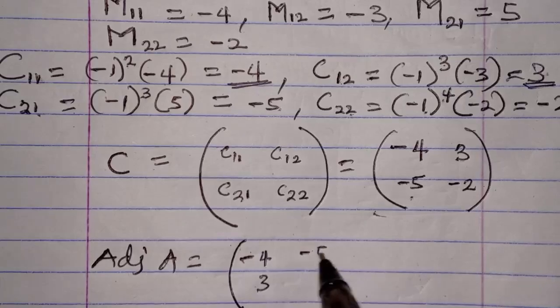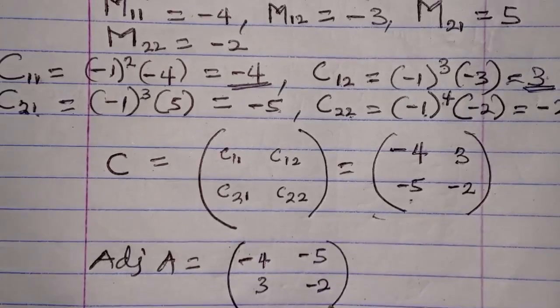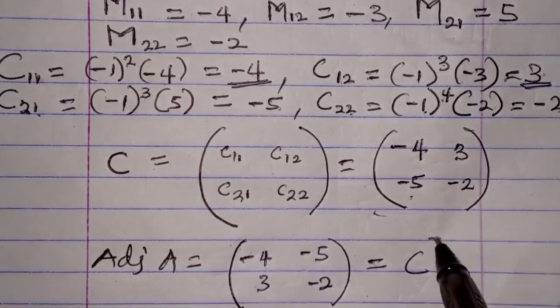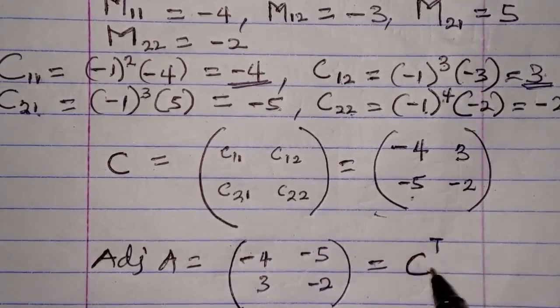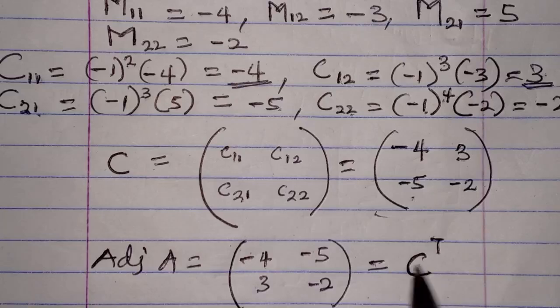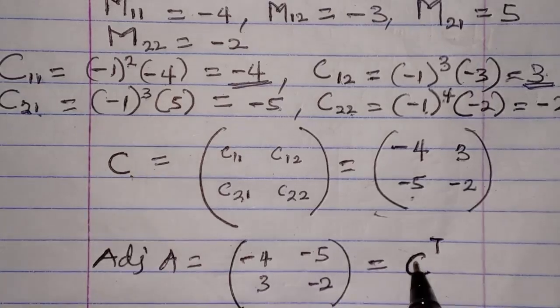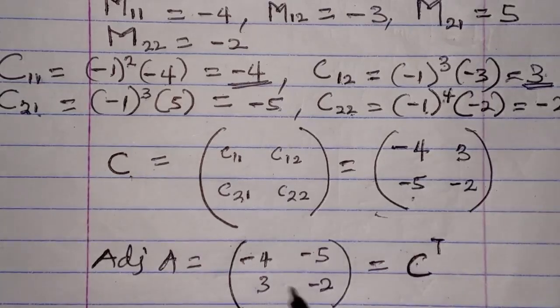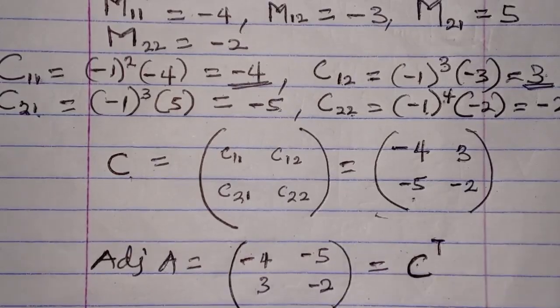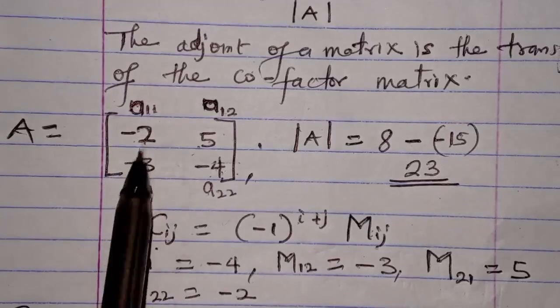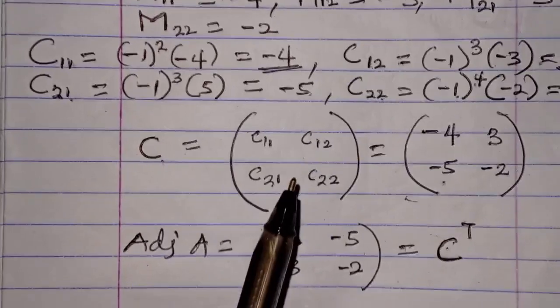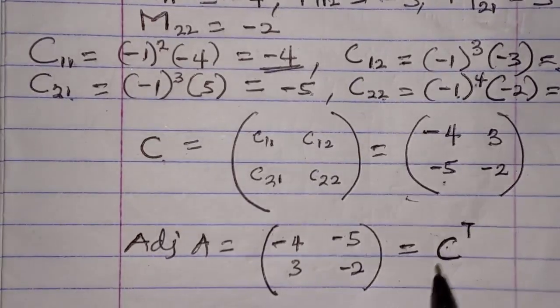That will be the second column. Minus 5, minus 2. This is the transpose of the cofactor matrix, this is C transpose. And it gives the adjoint of the matrix A. So the adjoint of this matrix is what we have now as the transpose of this cofactor matrix.